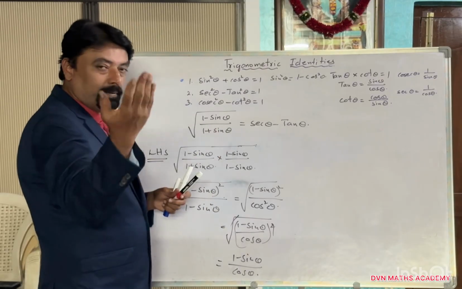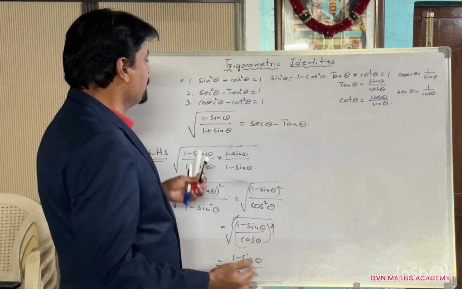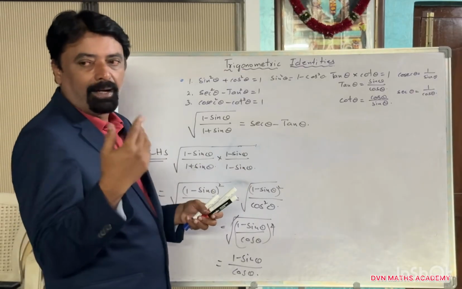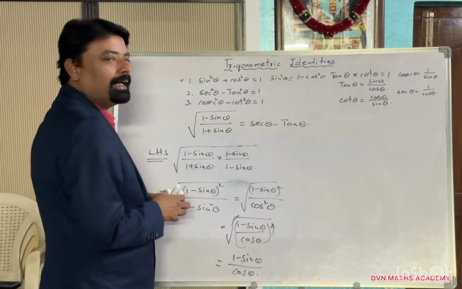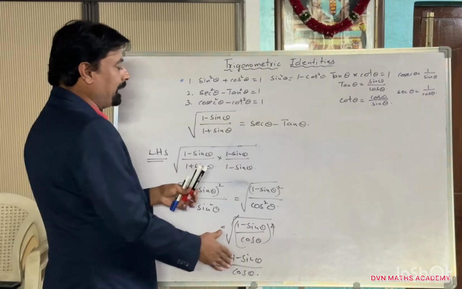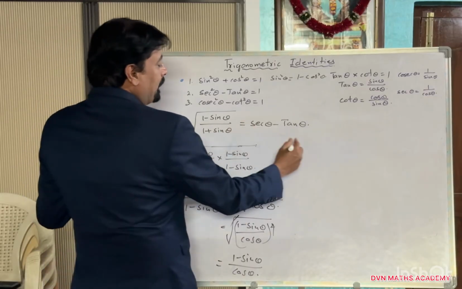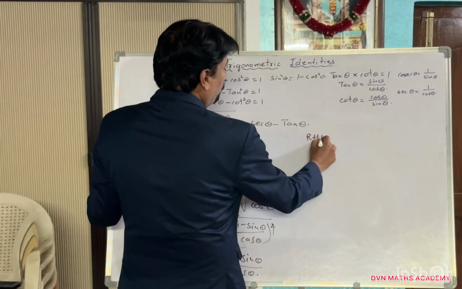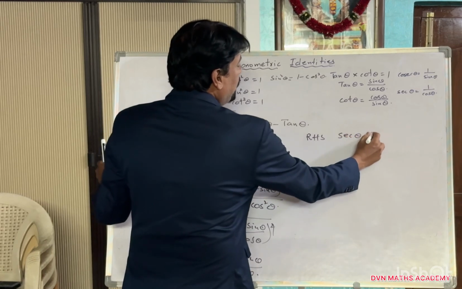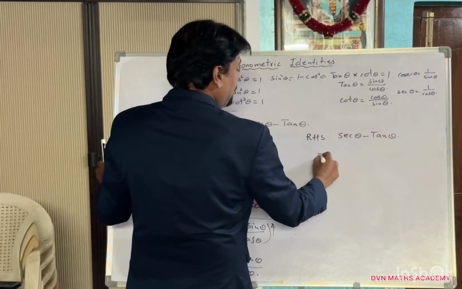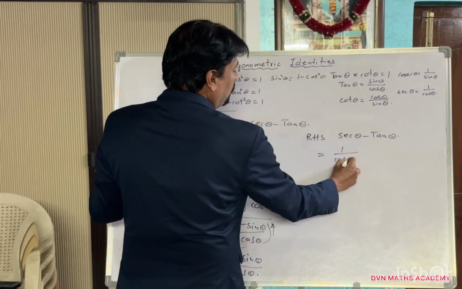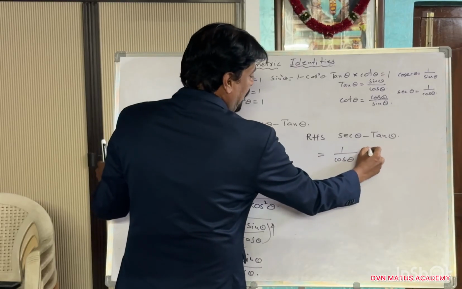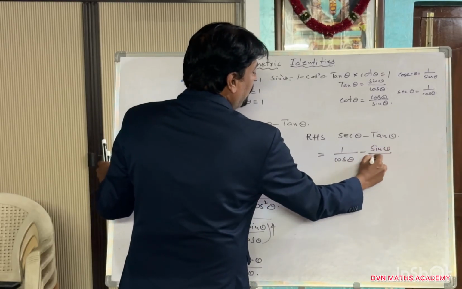I told you before, while starting the class, sometimes you are required to simplify the RHS also, then only you will get the answer. For that purpose, I selected this question. You see, RHS is sec theta minus tan theta. Sec theta I can write as 1 by cos theta, minus tan theta I can write as sine theta by cos theta.